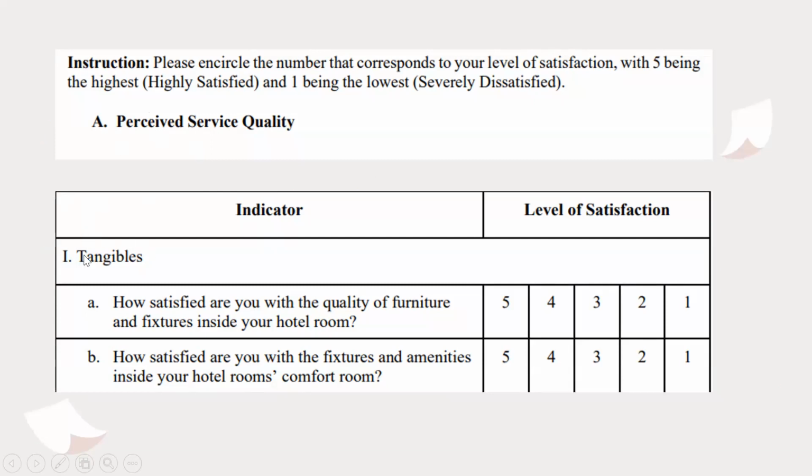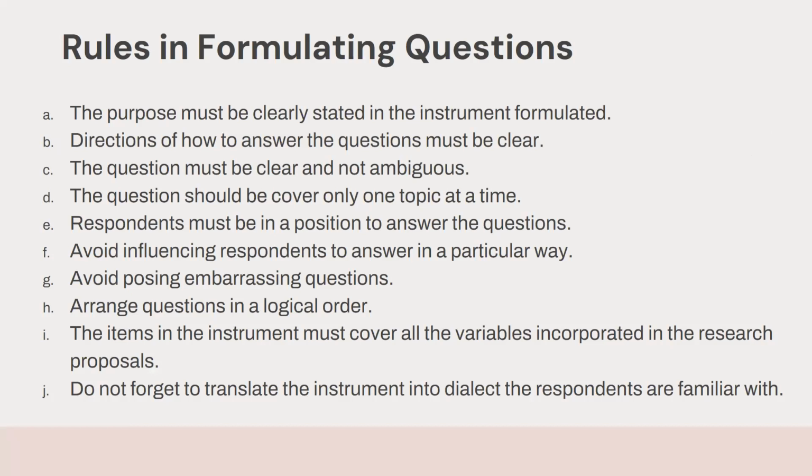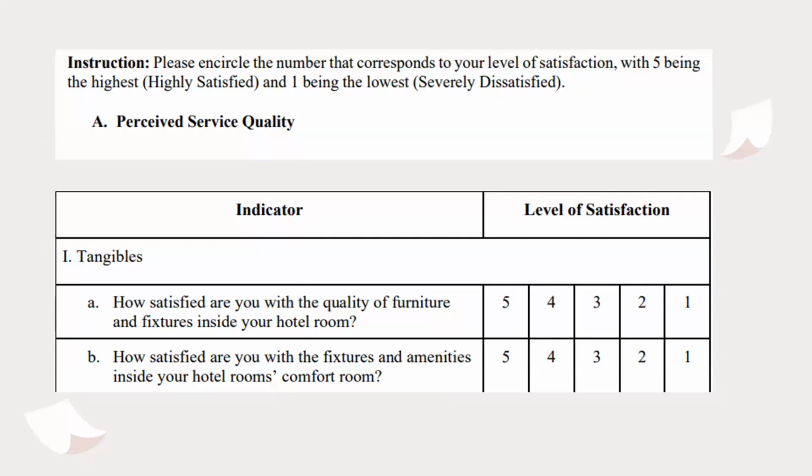It's easy para mas madaling maintindihan ng researchers also. Pwedeng ganito yung gawin nyo, format ng questionnaire para mas madali kayo and mas madali yung maintindihan. Do not forget to translate the instrument into dialect the respondents are familiar with. Sa atin, English na lang. Pwedeng English na lang.